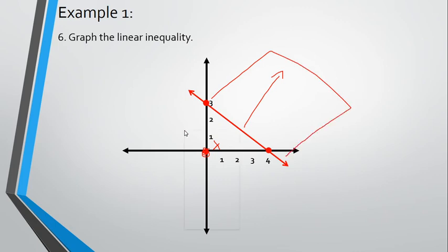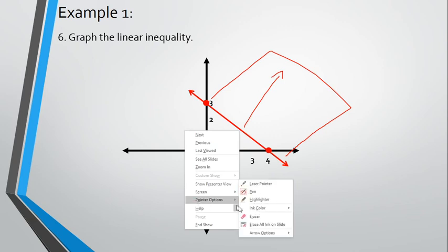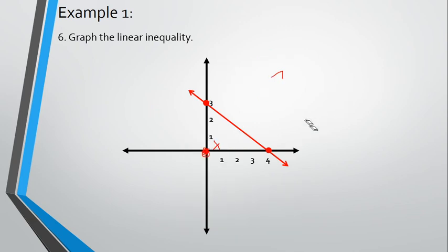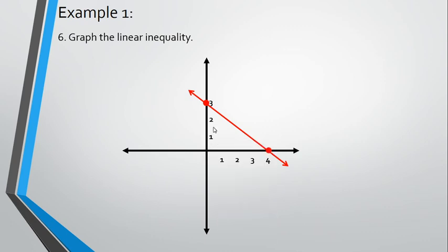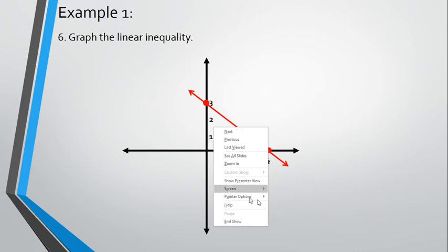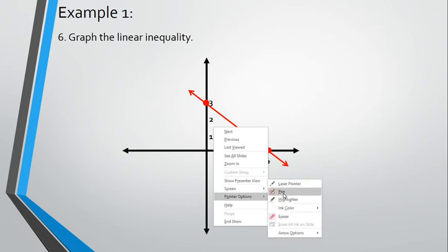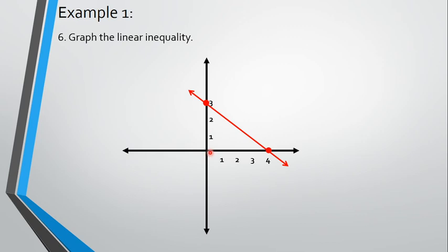Now, since in our example the result of our testing point is true, that only means that our plane will pass through our origin, which is the 0, 0.